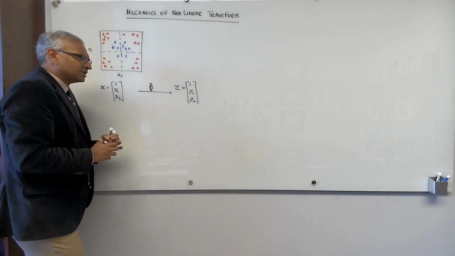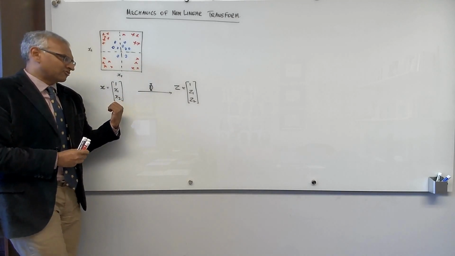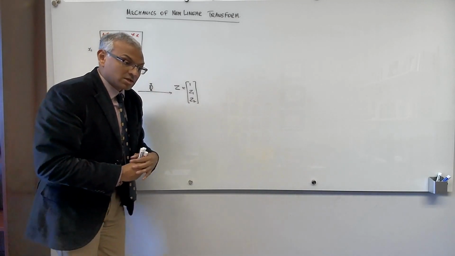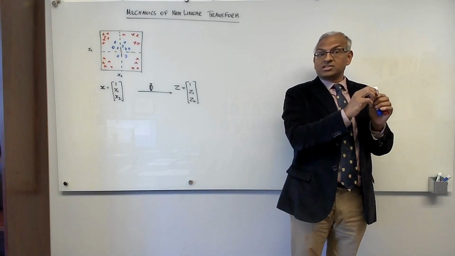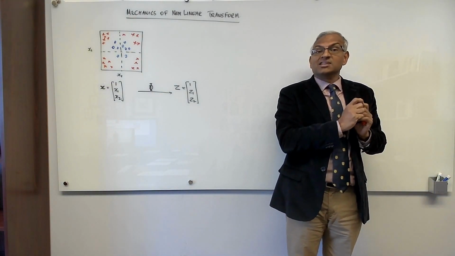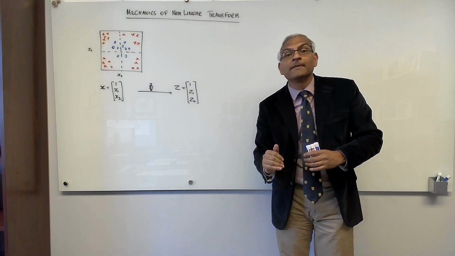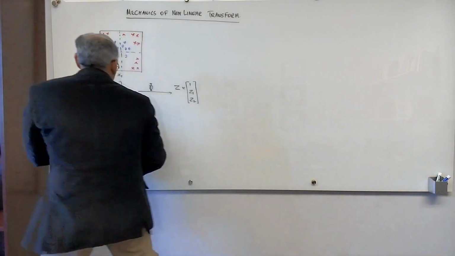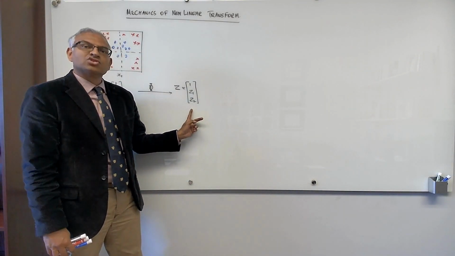Now, the transformation need not match the dimensions of the original feature. For example, with the digits data, we took 256 dimensions of original features, if you remember, and we constructed intensity and symmetry, which takes those 256 dimensions down to 2. So that's an example where the dimensionality of the original feature is much bigger than that of the transformed feature.